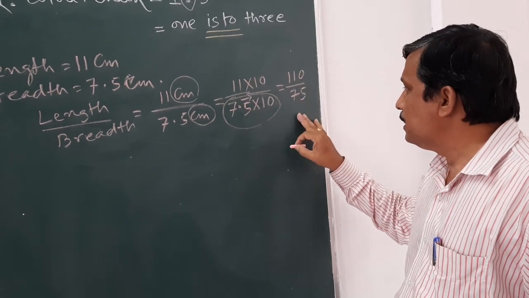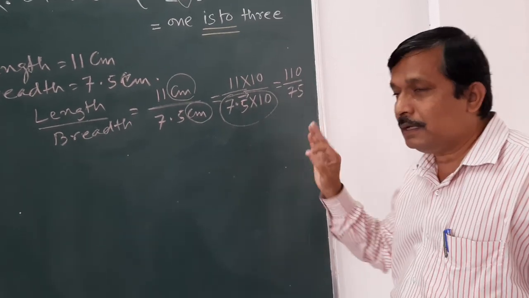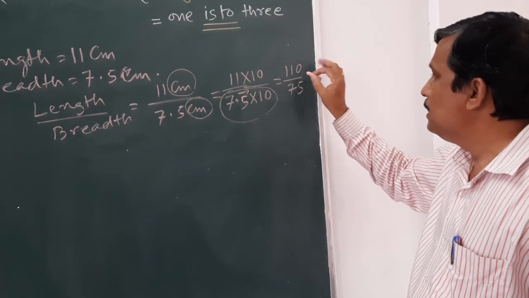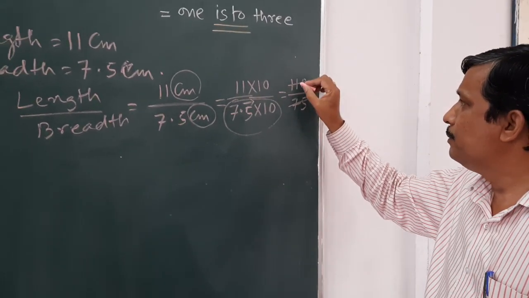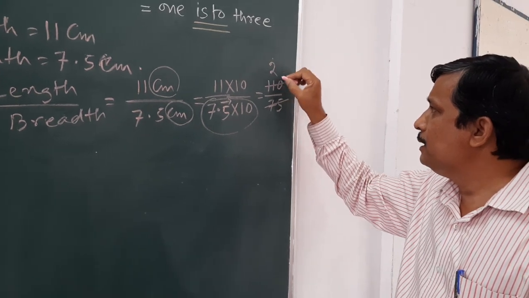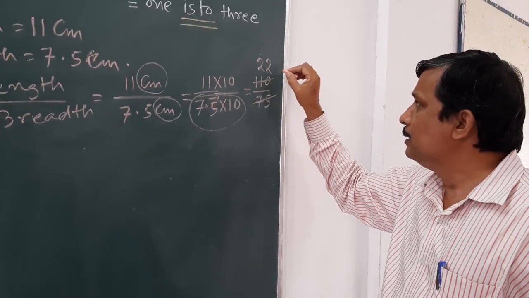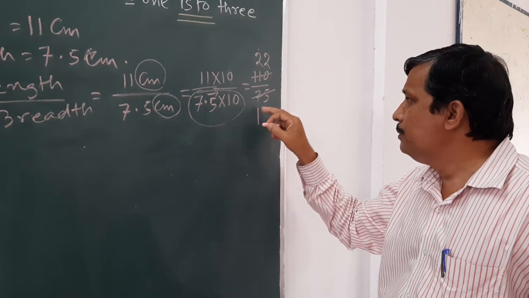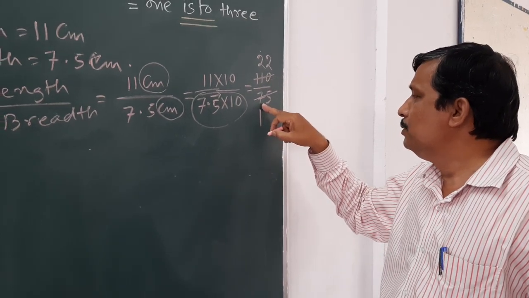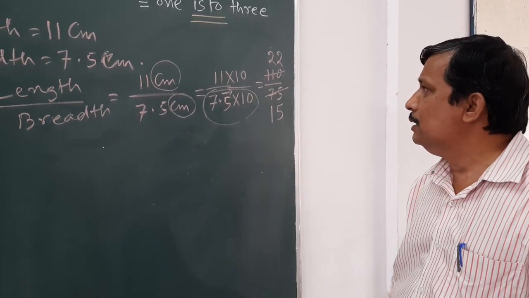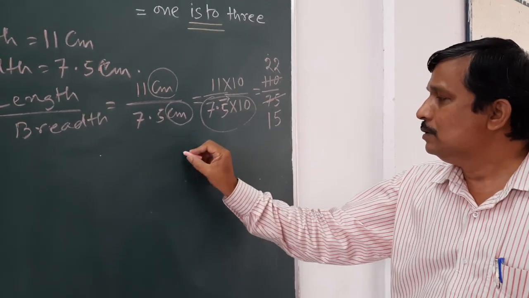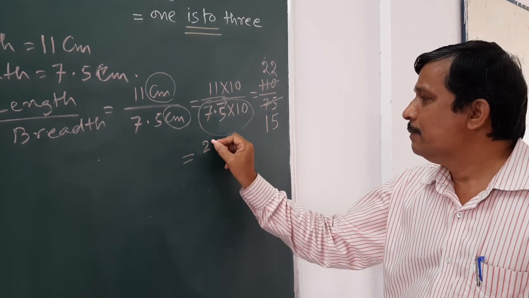Now you want to rationalize or simplify. If this number is divided by 5, 5 twos are 10, then again 5 twos are 10. Again this is 5 fives are 25, 5 fives are 25. Now again this is not divisible by any number, so this is in the lowest term.